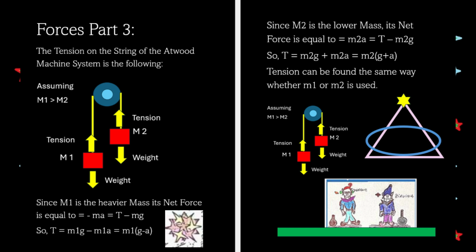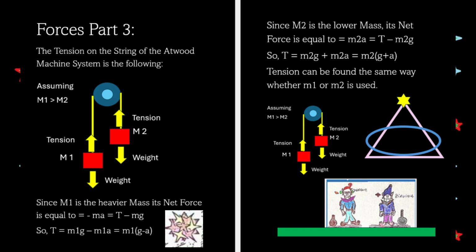Assuming M1 is heavier than M2, since M1 is the heavier box, we can find the tension on M1. Remember that in the forces part 2 video, I explained how to get the net force and acceleration on that one machine, and you can find that in forces part 2.